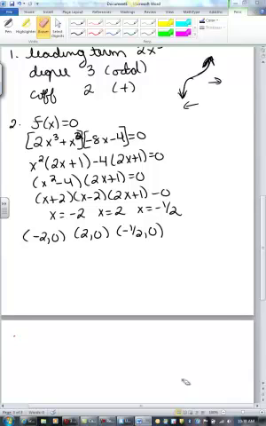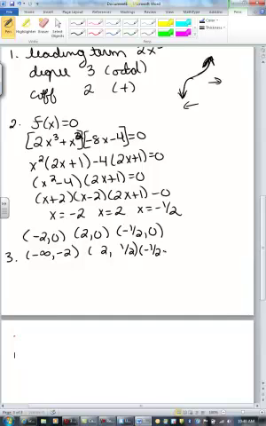What we're able to do with these zeros is break them up into intervals. So we're looking at the interval from negative infinity to negative 2, negative 2 to negative 1/2, negative 1/2 to 2, and then 2 to infinity.